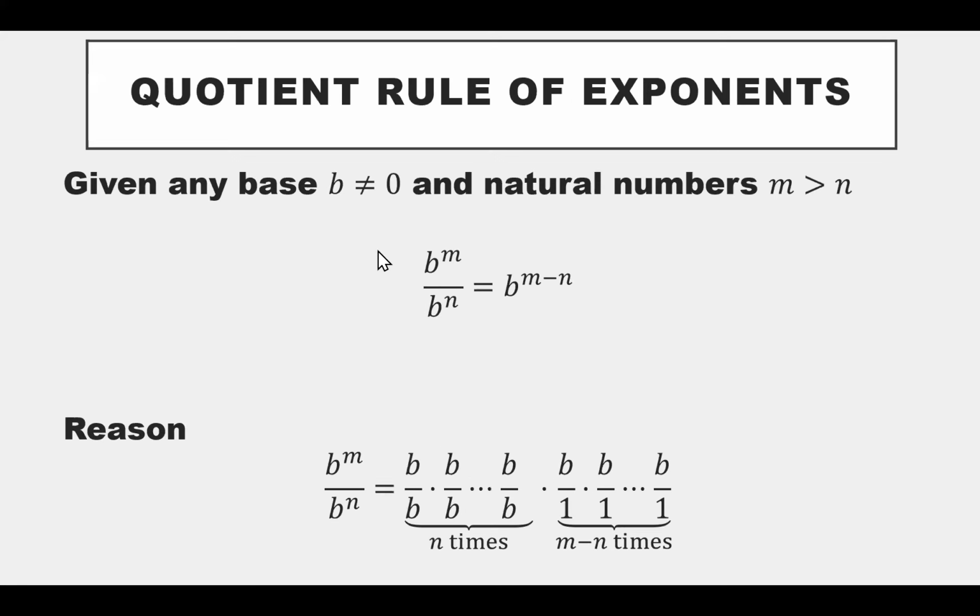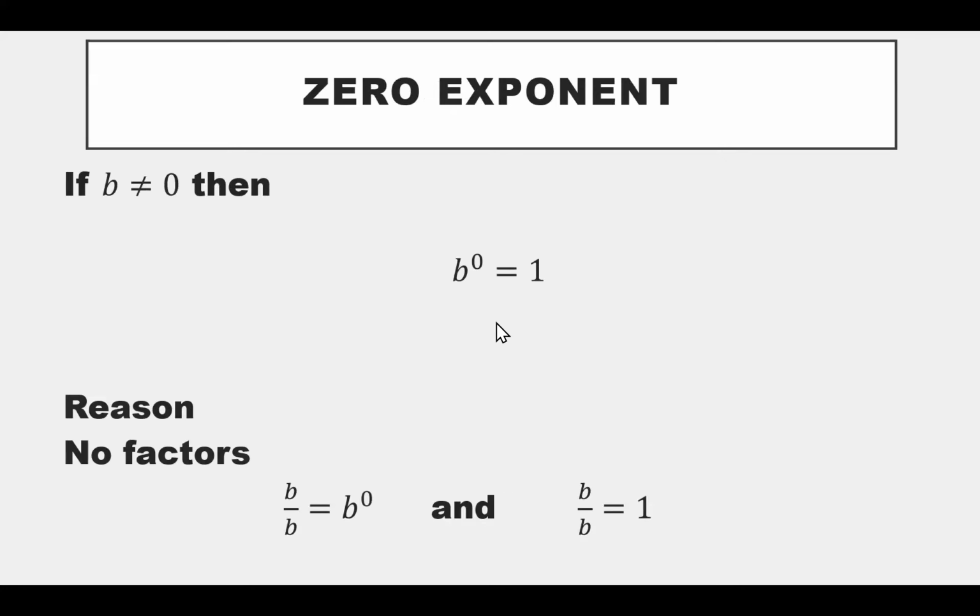Now the reason for this is twofold. First off, we want to match our quotient rule. Notice that if m and n are both 1, then m minus n would be a 0. So this is like taking b to the 1st divided by b to the 1st. B over b is just 1, and therefore b to the 0 power also needs to be 1.